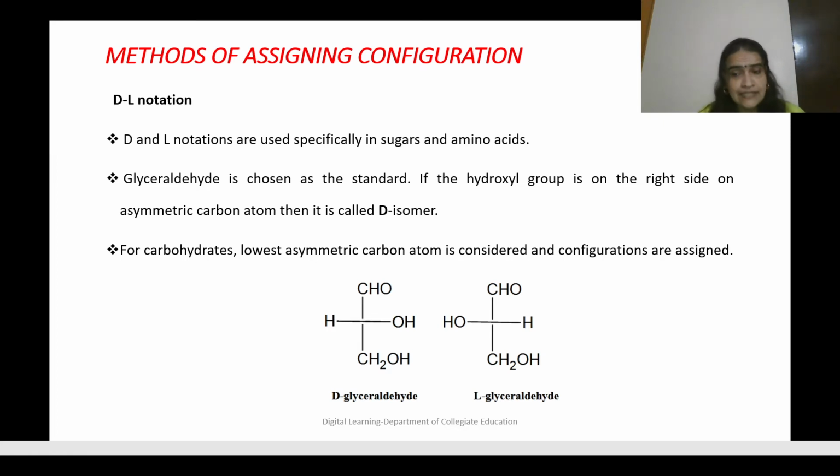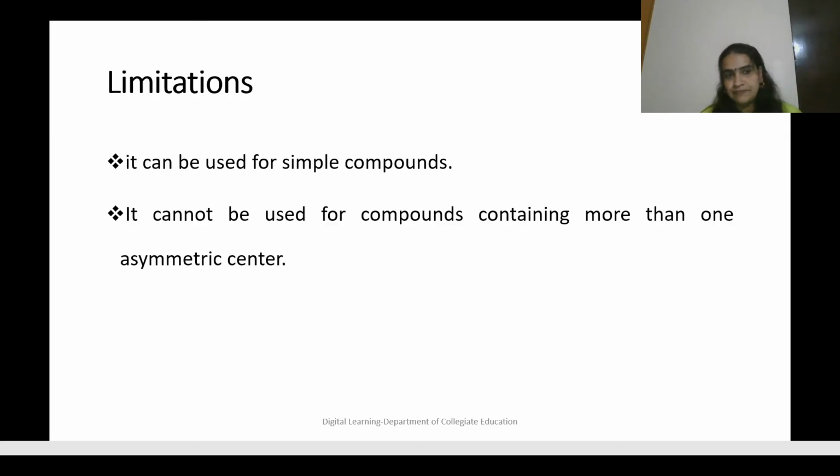In such cases, the lowest asymmetric carbon atom is considered, and if the hydroxyl group on the lowest carbon atom is on the right side, we call it D-hexose, D-glucose. Or if it is on the left side of the carbon atom, we call it L-glucose or L-hexose.